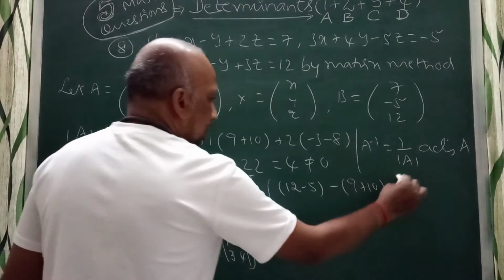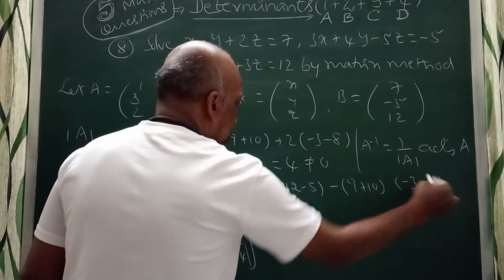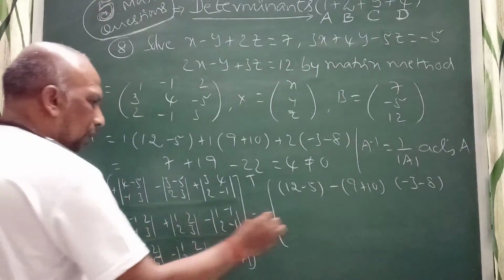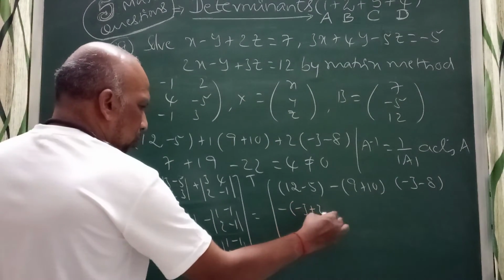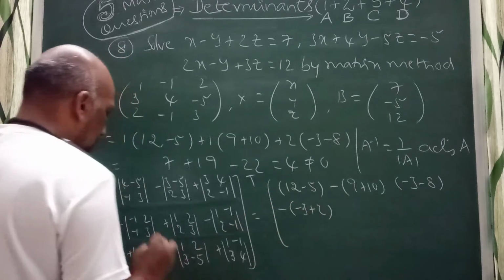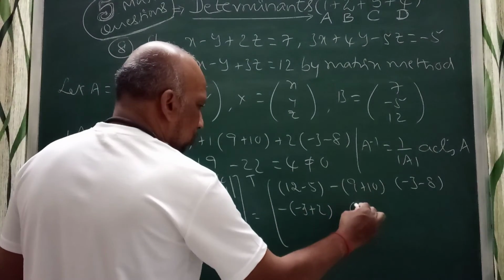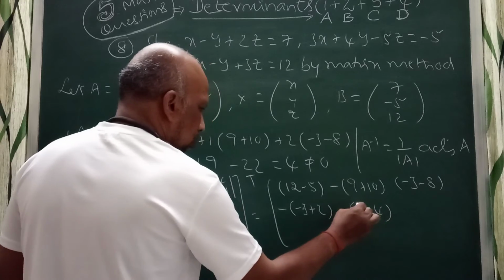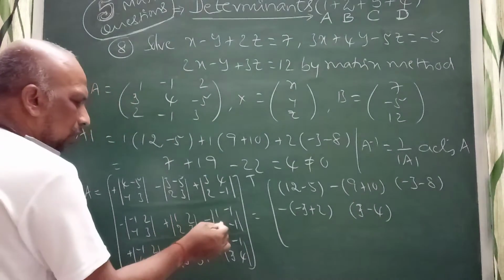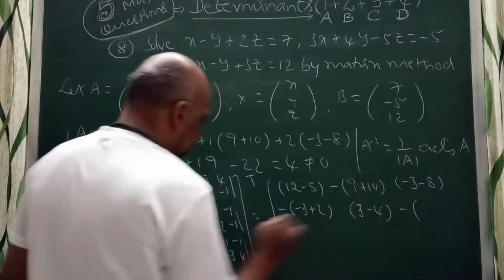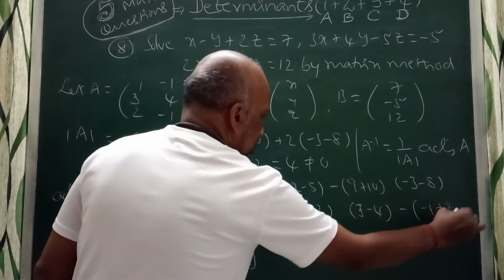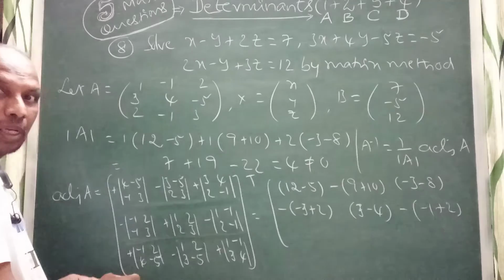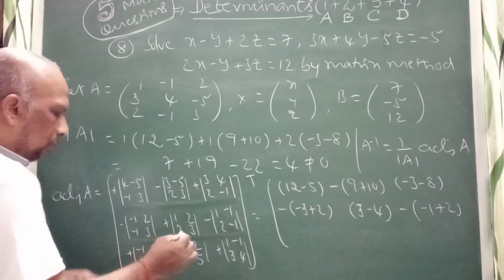Here minus 3 minus 8. This one minus of 3 minus 3 plus 2. This one 3 minus 4. This one minus of minus 1 plus 2. Here you see this one, 5 minus 8.